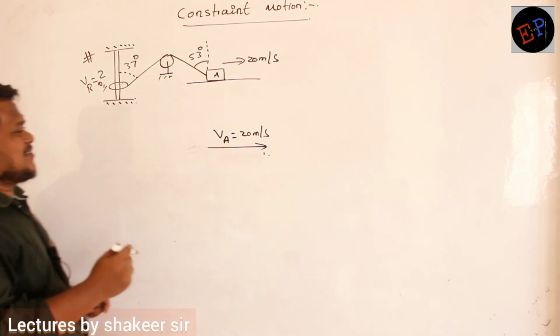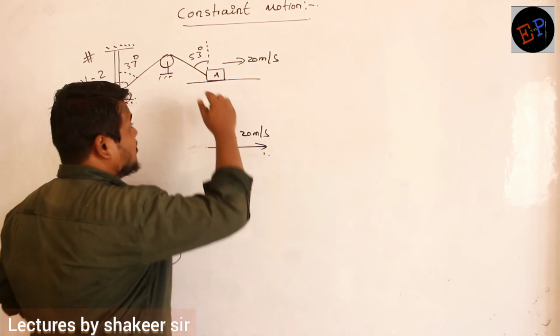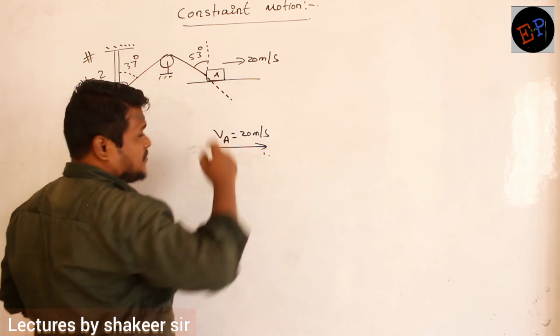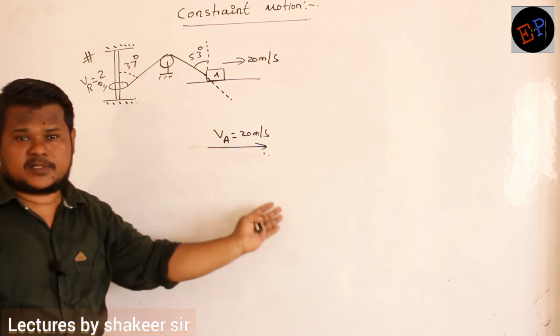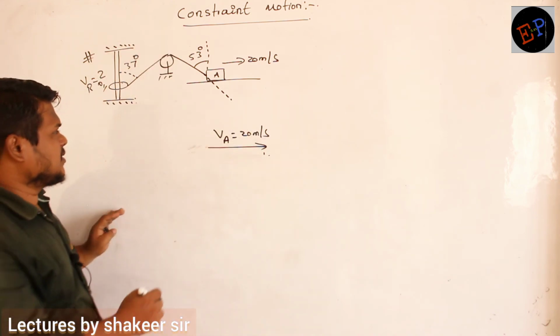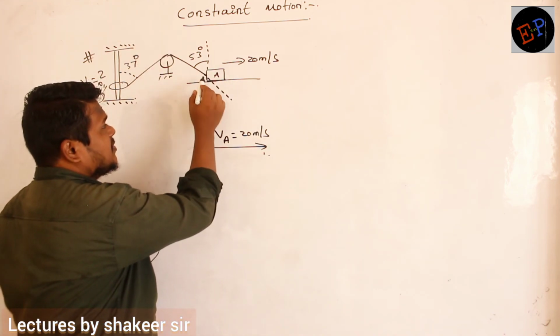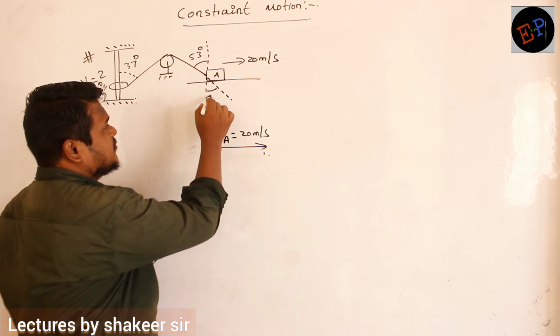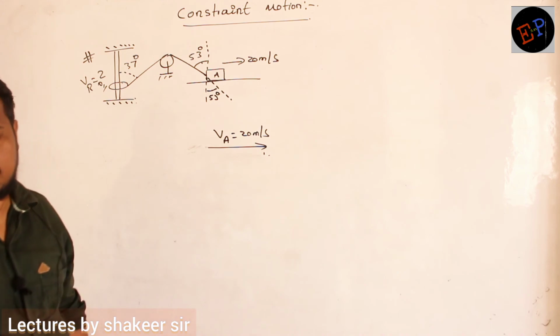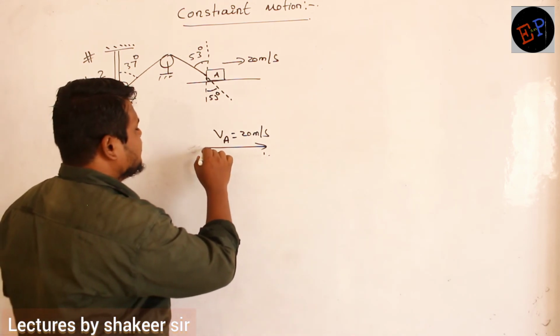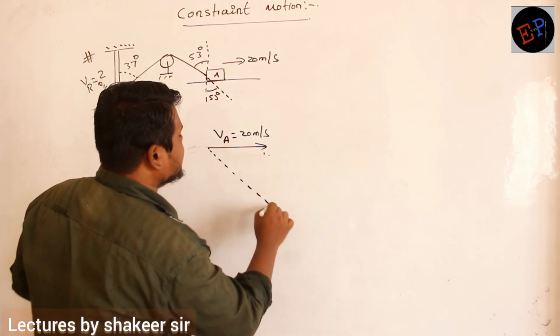Velocity of block A is 20, but if the block moves in this direction, the rope will move in this direction. So the rope is making an angle of 53. This angle is 53, then this angle is also 53. So this is the direction in which the rope is moving.